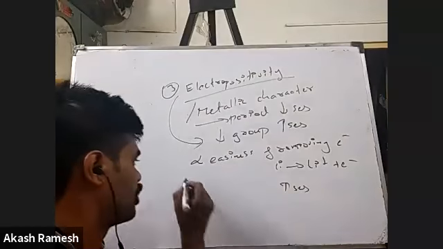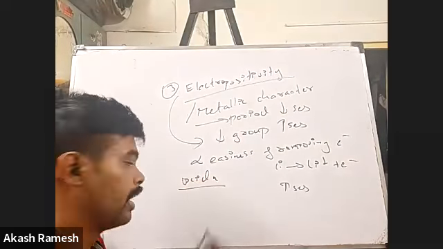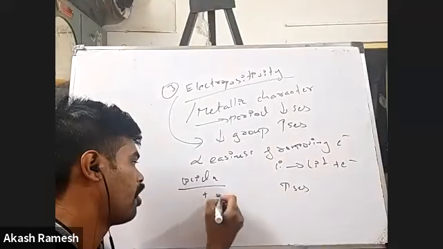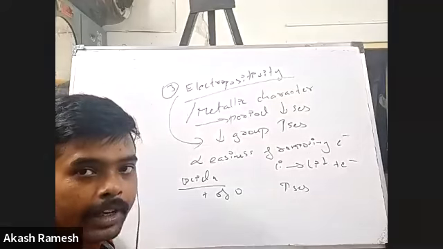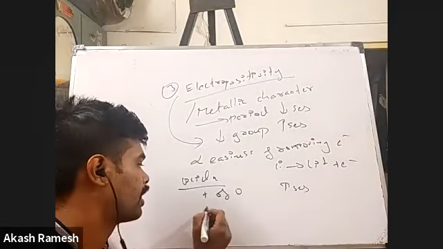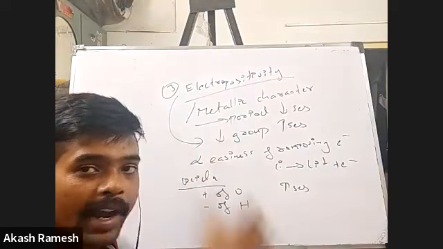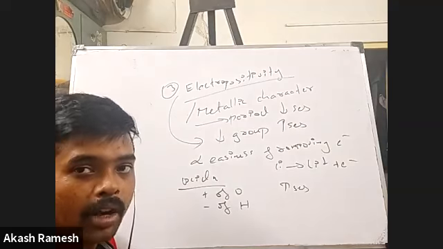For oxidation, it is always addition of oxygen, right? If I add oxygen to a substance, it gets oxidized. Or it can be removal of hydrogen. If I remove hydrogen from a substance, it becomes oxidized again.